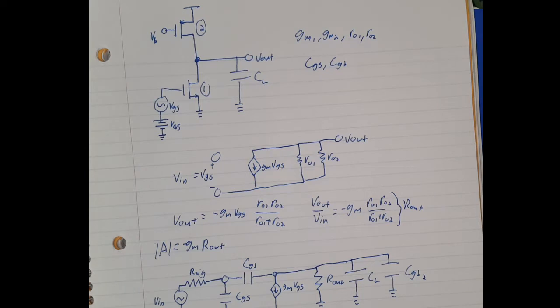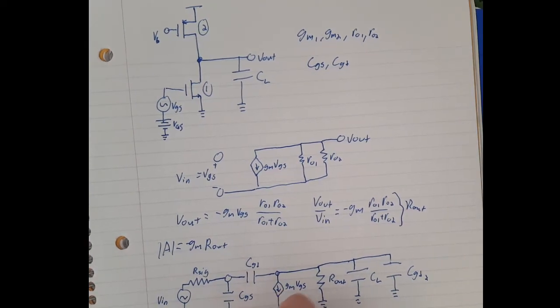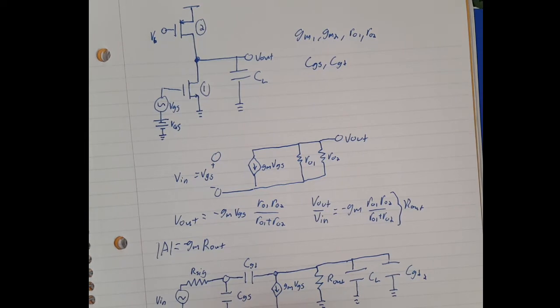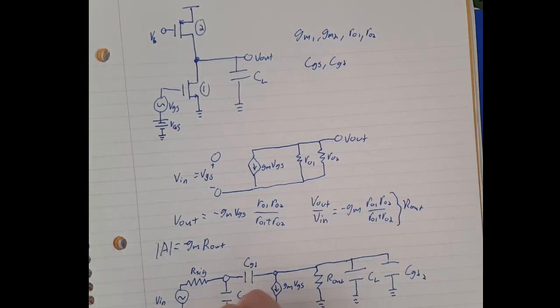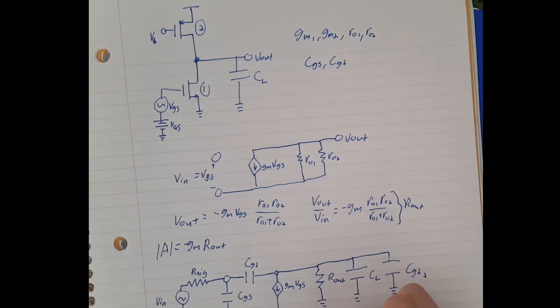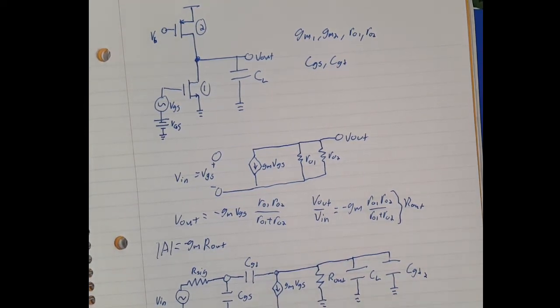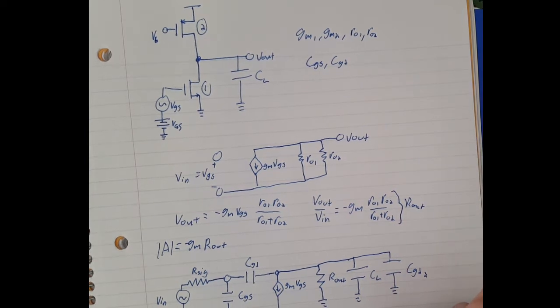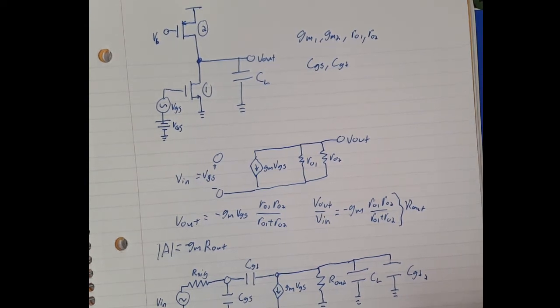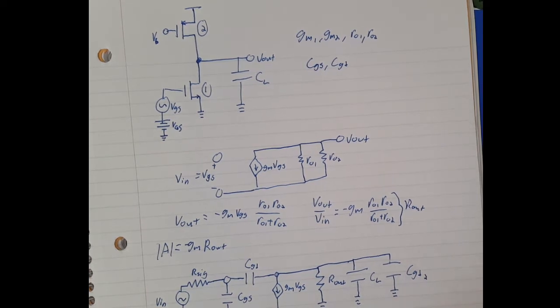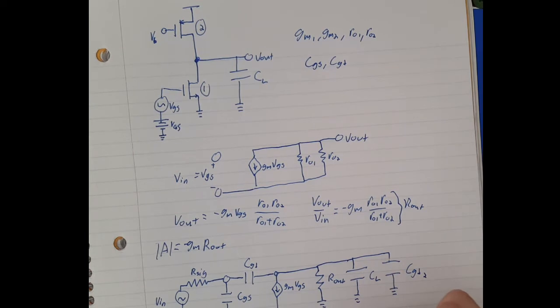So we're going to do something called the Miller theorem. And essentially what the Miller theorem is, is that if you have some impedance Z, and this is ground, and this is ground, with a current I through it, and V out over V in equals K, then you can take this and turn it into this, as long as the current is the same.